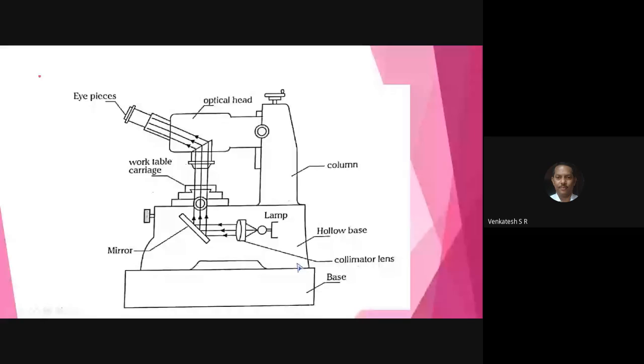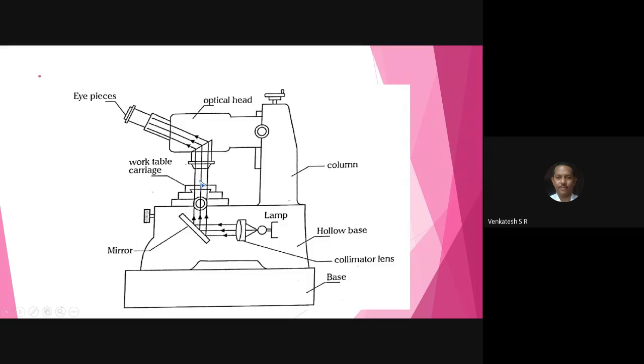First one, the lamp which produces the light rays which pass through the collimator lens and the lens, and the rays hit the mirror, which is placed at an angle of 45 degrees, and pass through, intersecting the workpiece.